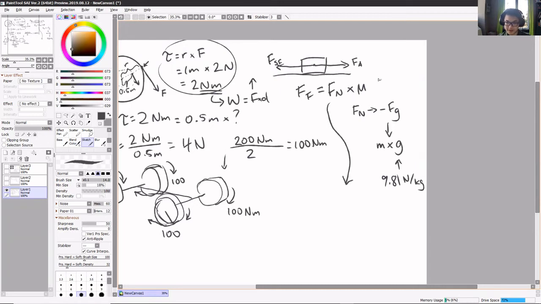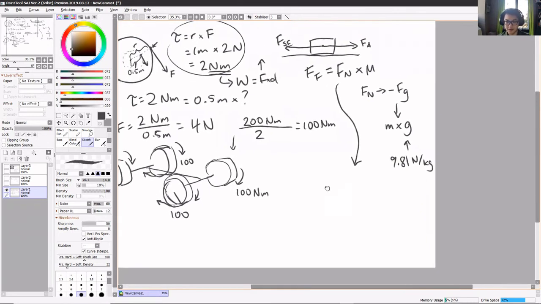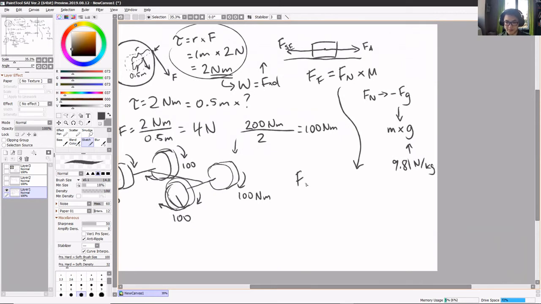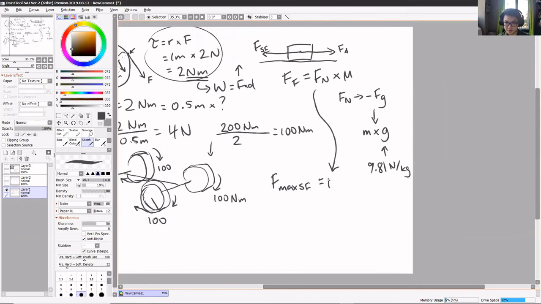This formula here is a simplified formula. Here's the full formula: the force of max static friction is equal to the normal force times the coefficient of max static friction.